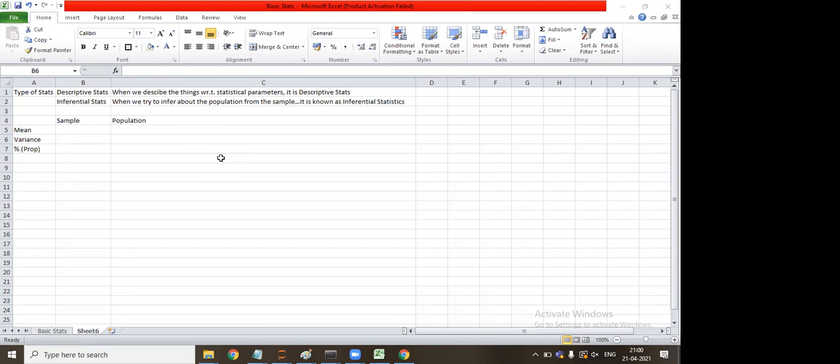You won't get more than 10. Even though it is a population, it is 10 in size. So it does not depend on the size of the data. It depends whether you have collected a sample or not. If you have collected a sample, then are you willing to know the population parameter out of it, or do you want to study that only?